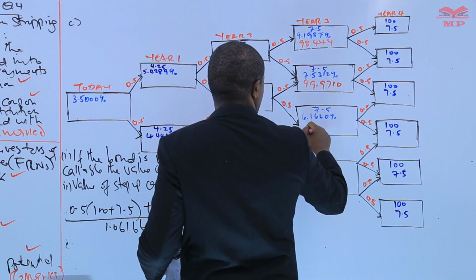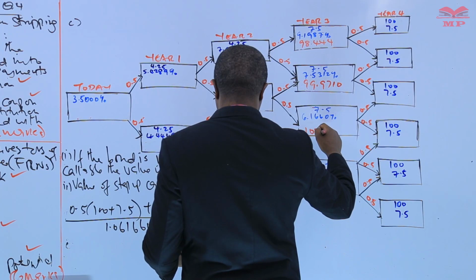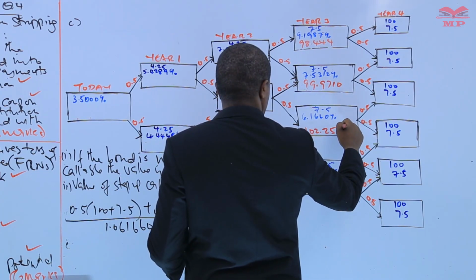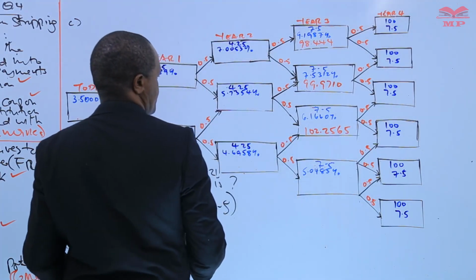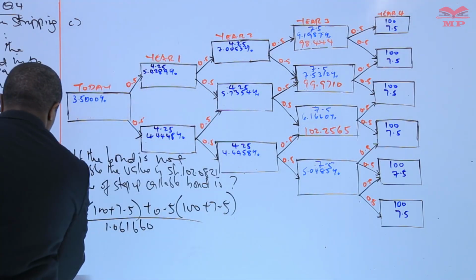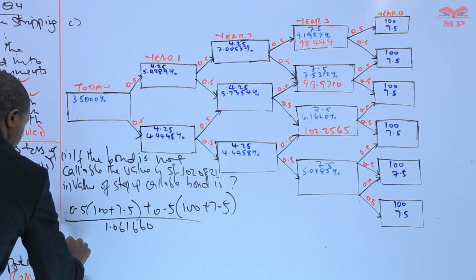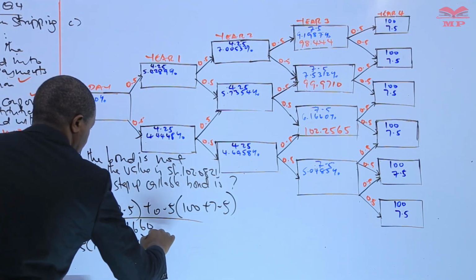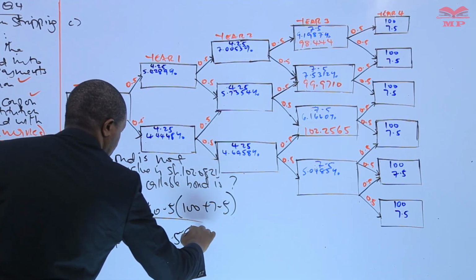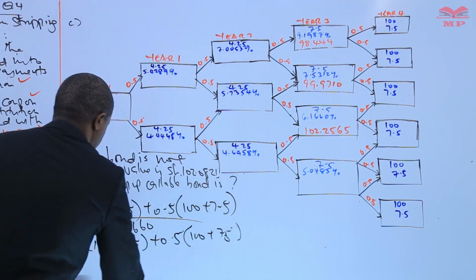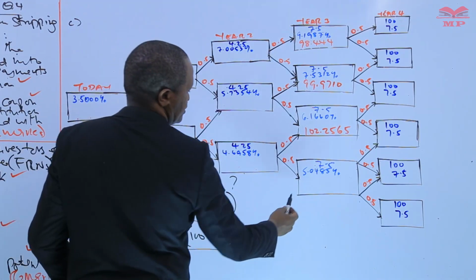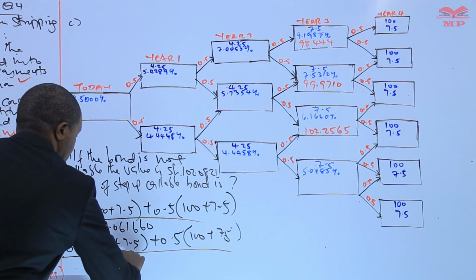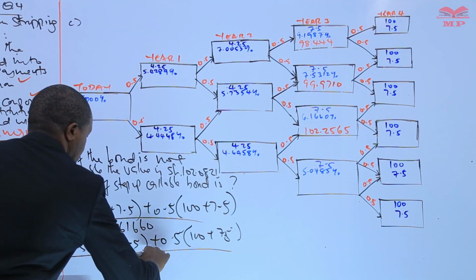So I get here 102.2565. Next, we have 0.5 into 100 plus 7.5 plus 0.5 into 100 plus 7.5, divide by 1.050483.